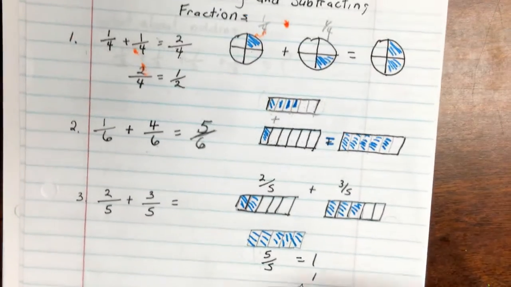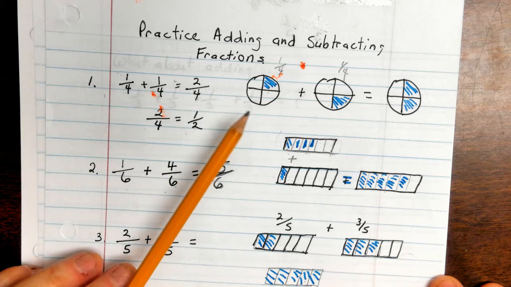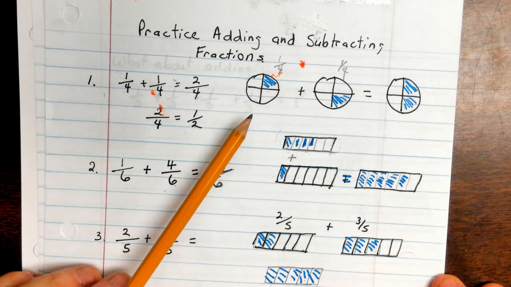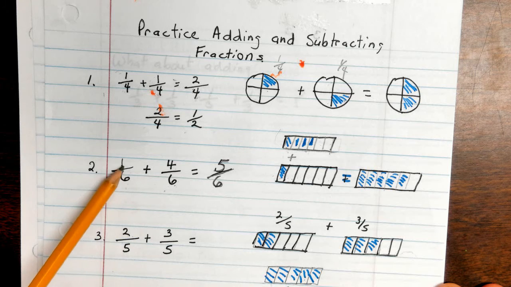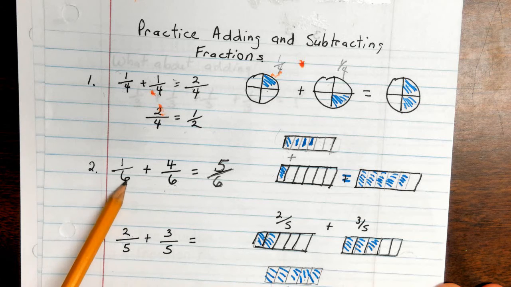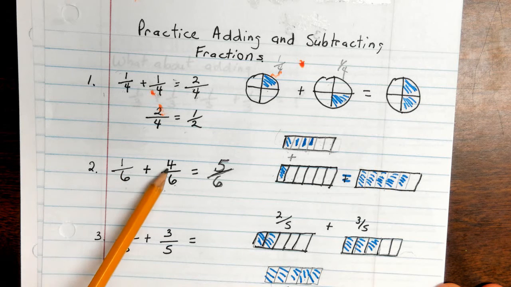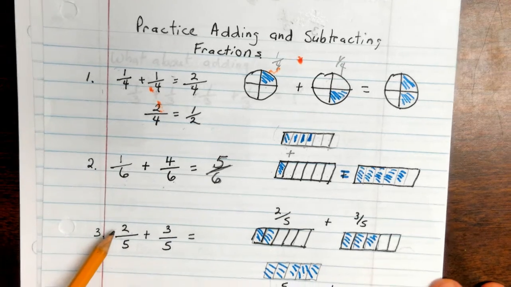Yesterday we practiced adding and subtracting fractions, and I had you do this in your math journals, just like I asked you to do. And we noticed that when we added, as long as the denominators are the same number, you can just add the numerators and get your answer. And we did that.